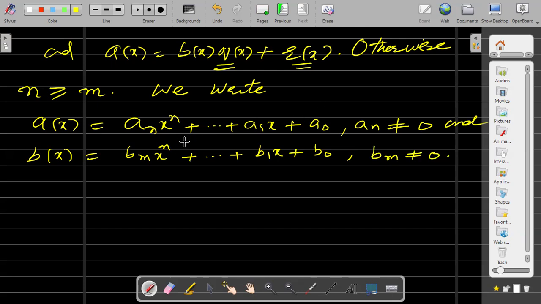To perform induction, we must have a polynomial of degree less than n, on which we will apply induction, because you have to prove that the result is true for a(x), whose degree is n. By the induction assumption, we have assumed that the result is true for all polynomials of degree less than n. So we'll construct a polynomial of degree less than n, and then we apply the induction hypothesis.